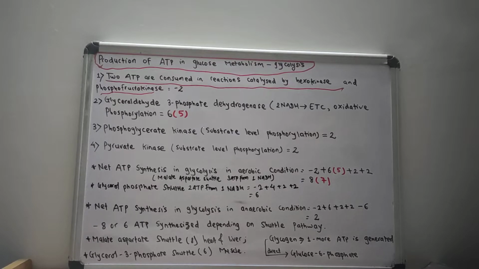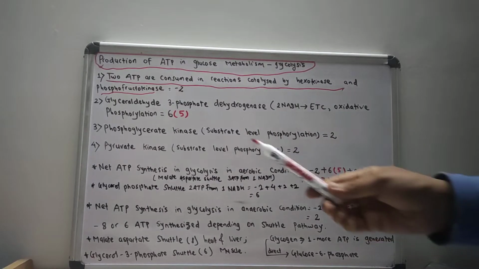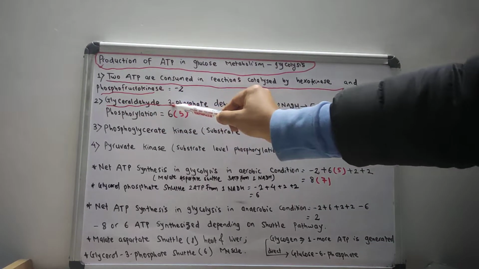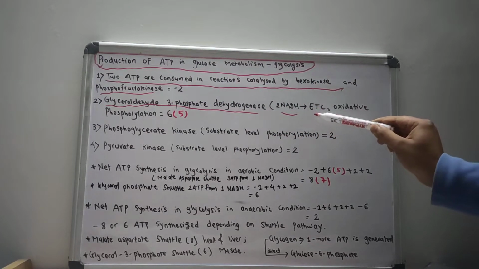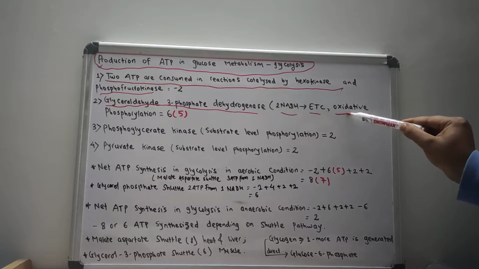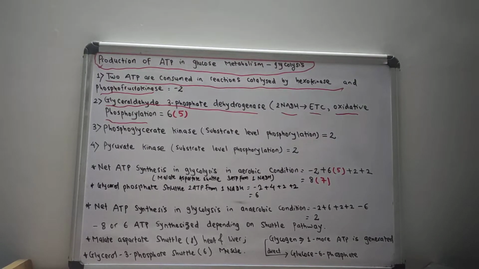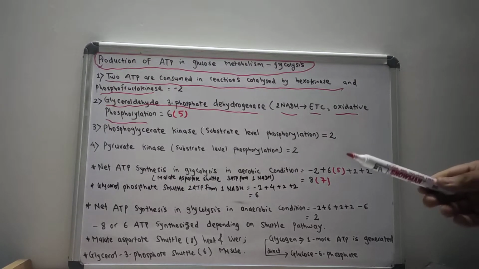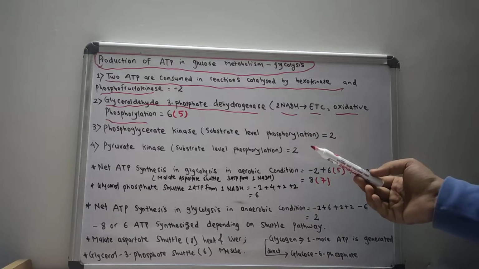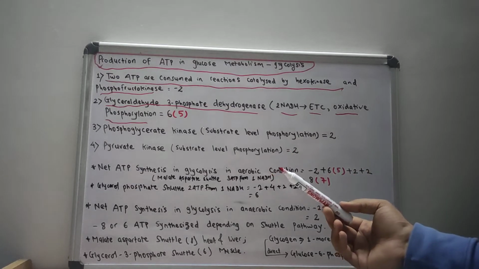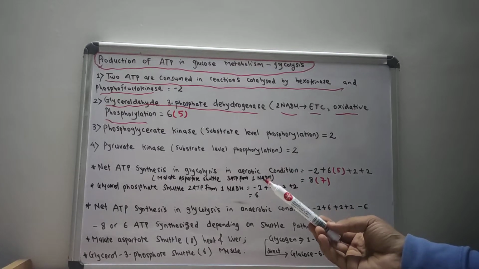Now let us move towards the energy generation phase. In the glyceraldehyde 3-phosphate dehydrogenase reaction, 2 NADH are produced, and those 2 NADH pass to the electron transport chain, and oxidative phosphorylation occurs, leading to generation of 6 ATP. That you should know. Glyceraldehyde 3-phosphate is converted to 1,3-bisphosphoglycerate by glyceraldehyde 3-phosphate dehydrogenase, with production of NADH.